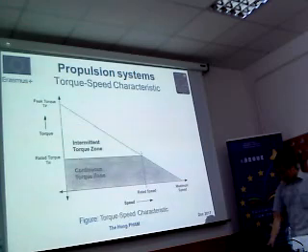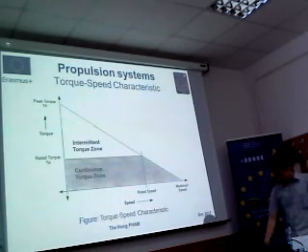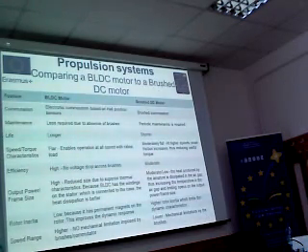And this is the top speed characteristic, and this is some comparison between the brushed motor and brushless DC motor. So you can see here the commutation. The commutation means that when it changes the way, for example, we have two coils, and first we supply this coil, and now we change to supply this coil.